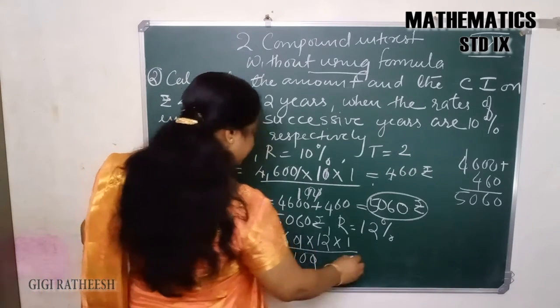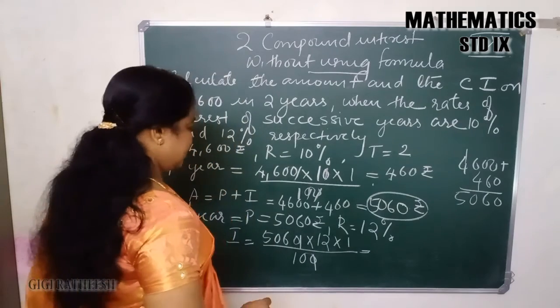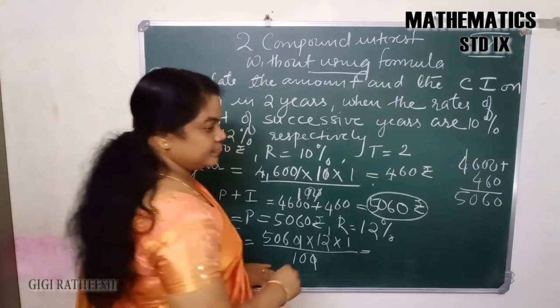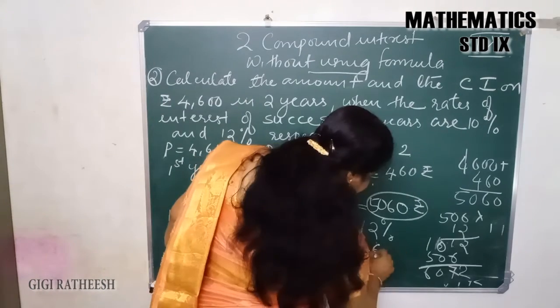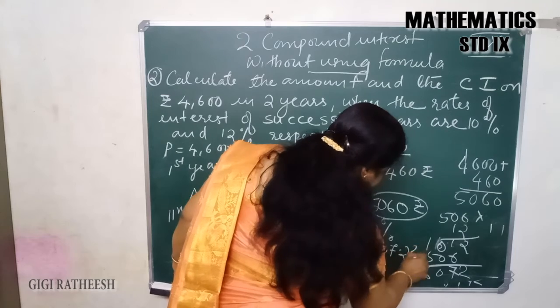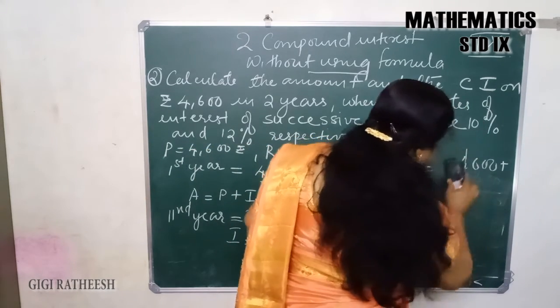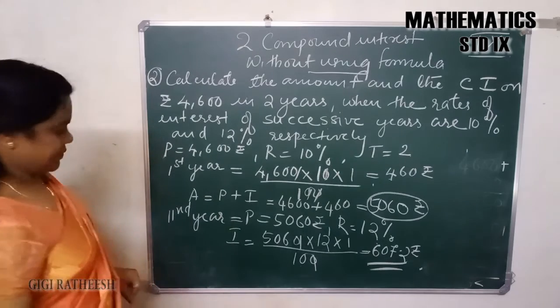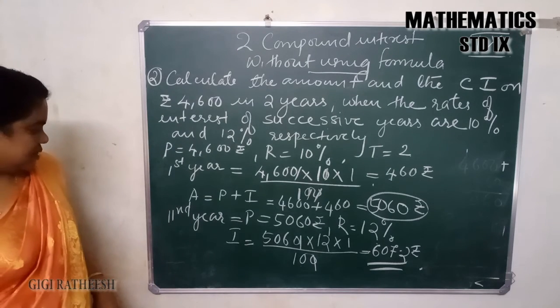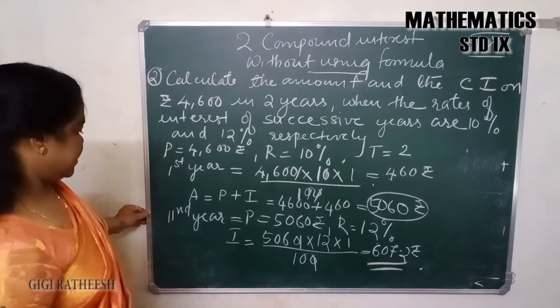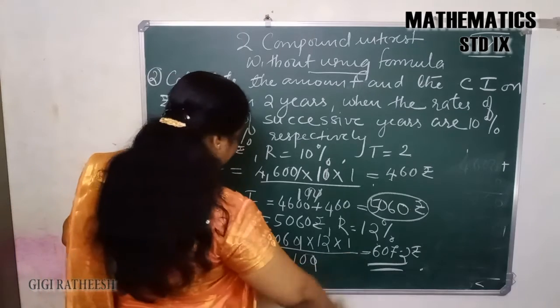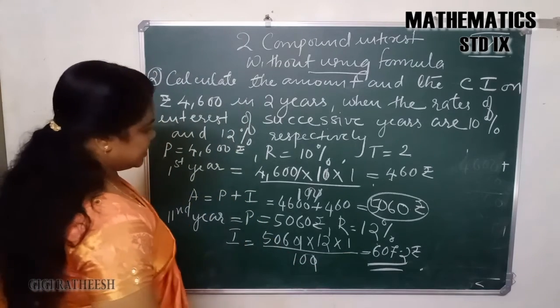Cancelling these two zeros, we get 506 into 12 by 10, which is equal to 607.2 rupees. 607.2 rupees is the interest after second year.